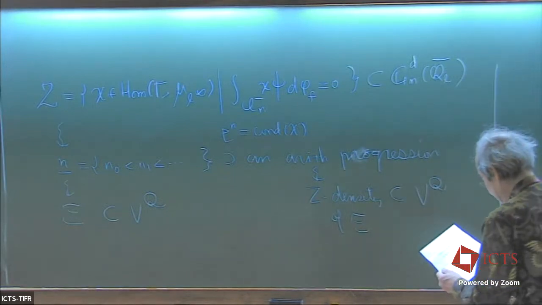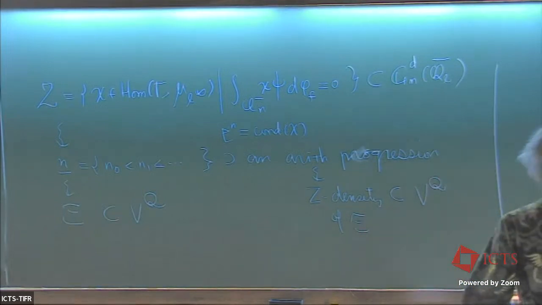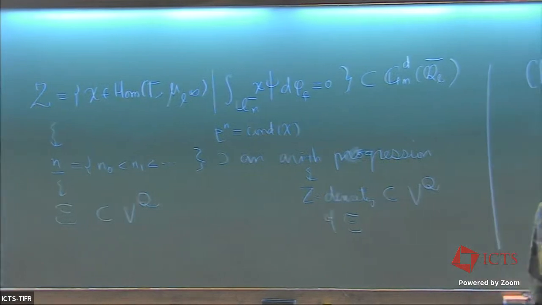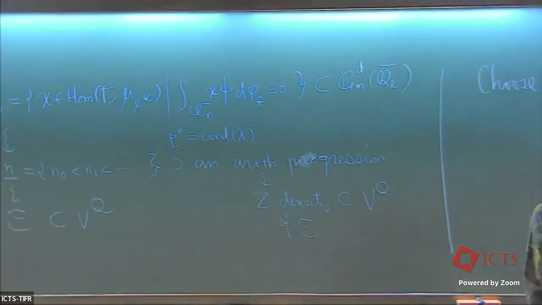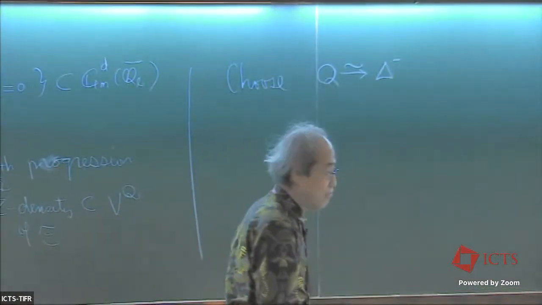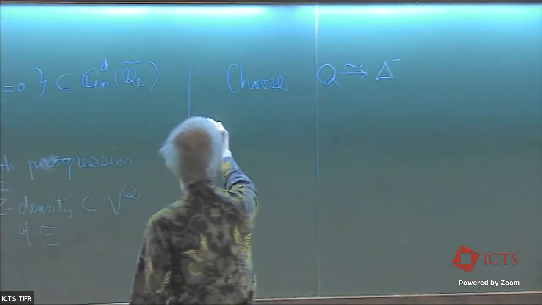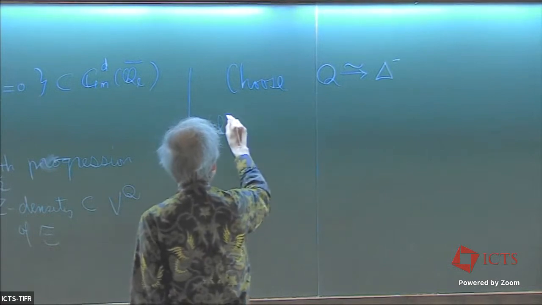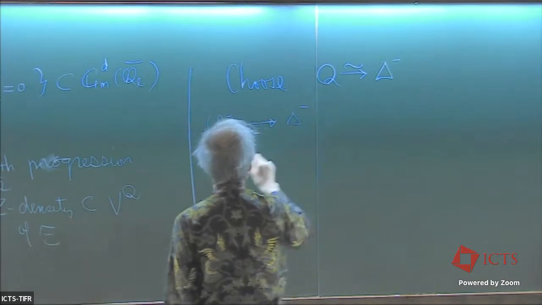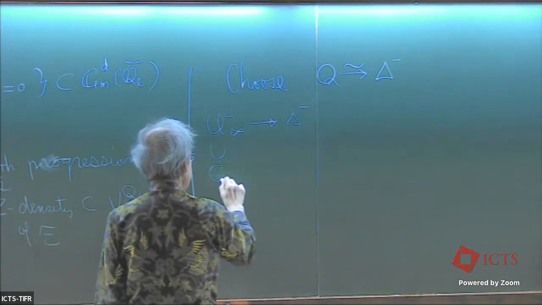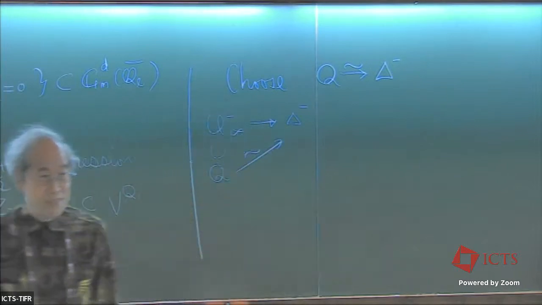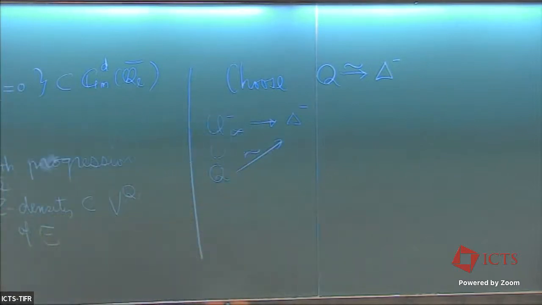So one thing I would do is that now I choose Q so that it is isomorphic to delta minus by projection. You see, I have CL minus infinity, you have a projection to delta minus, and inside I have this set Q, and that is isomorphic. So the representative set I choose this way.